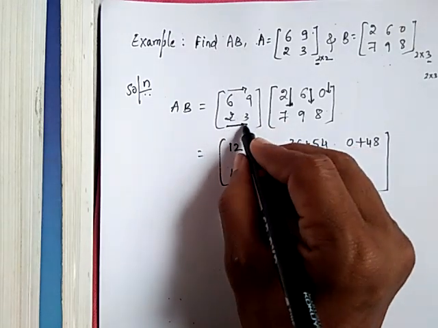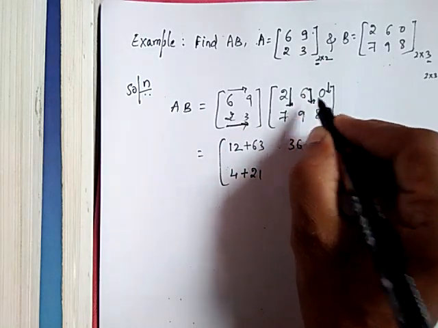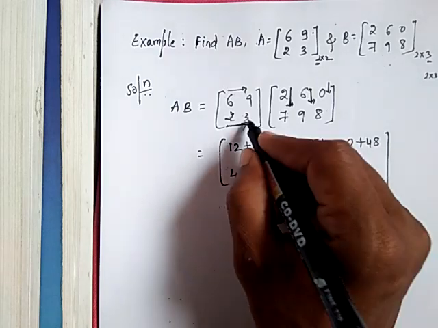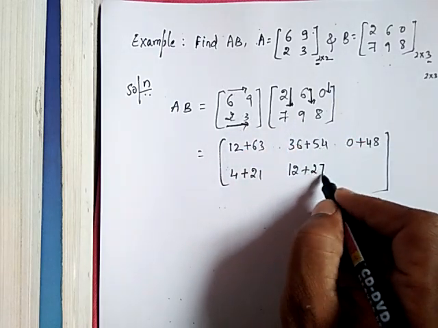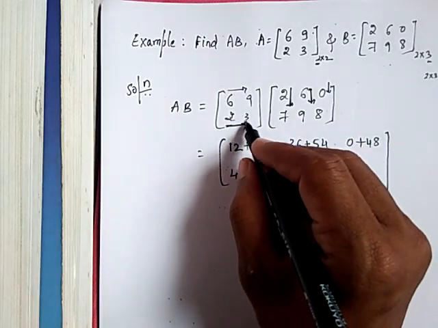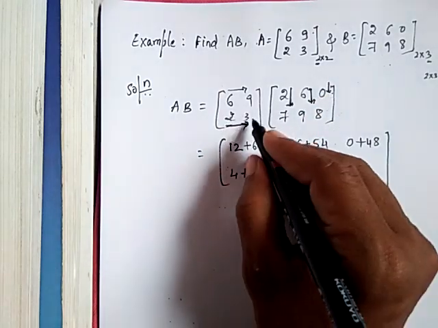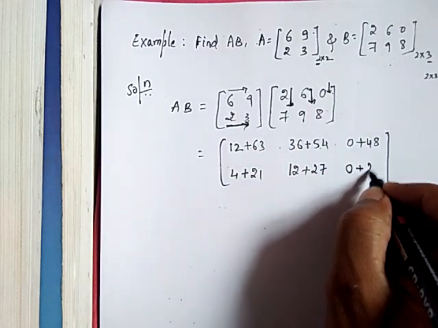Next, second row, second column: 2 into 6, 12, plus 3 into 9, 27. Next, second row, third column: 2 into 0, 0, plus 3 into 8, 24.